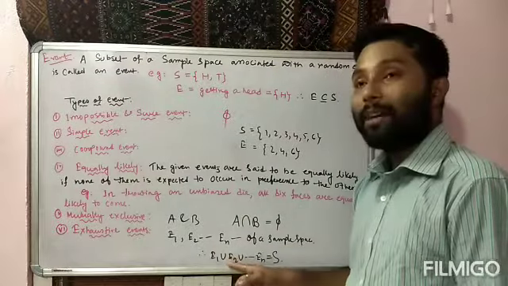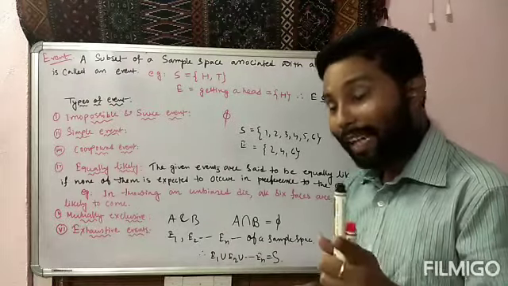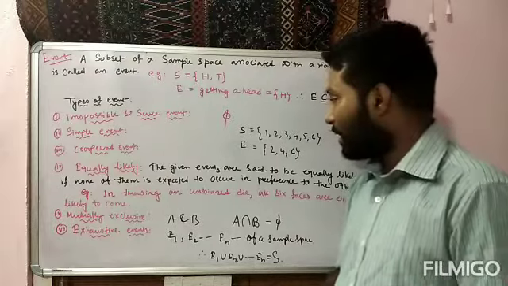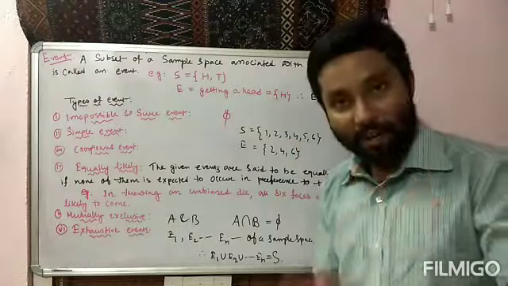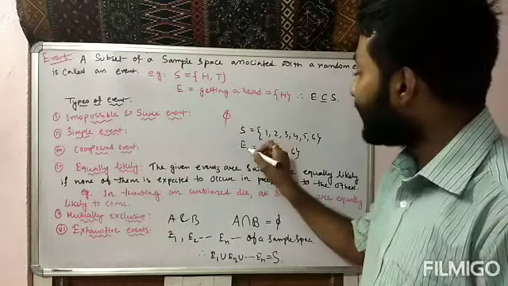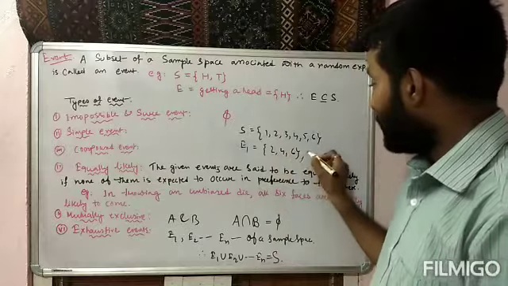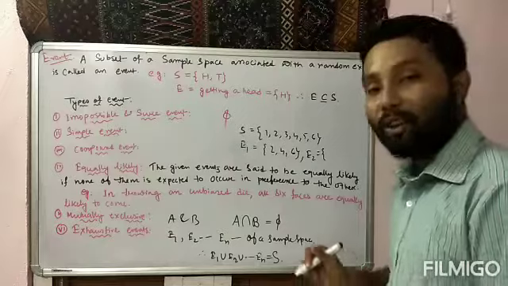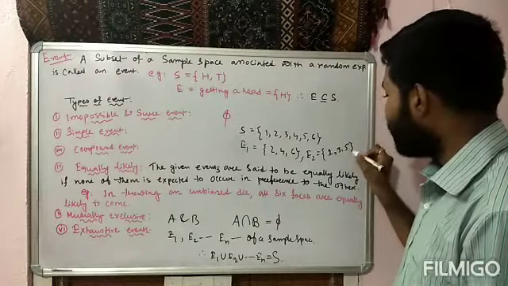That means if we take the union of all events, then ultimately we get the sample space. You can take one example. Suppose a die is thrown, sample space is 1 2 3 4 5 6. Okay, let E1 be the event of getting even numbers. So these are the even numbers. Similarly, say E2 be the event of getting all odd numbers, so 1 3 and 5.